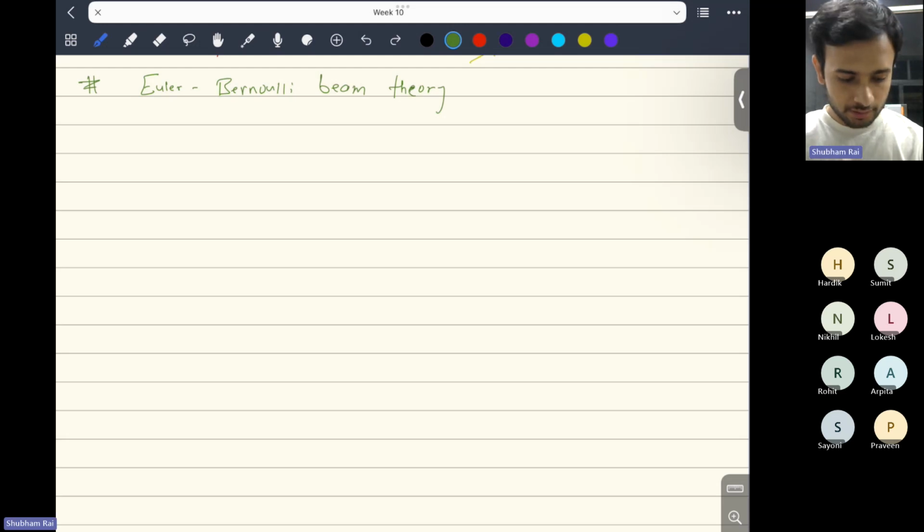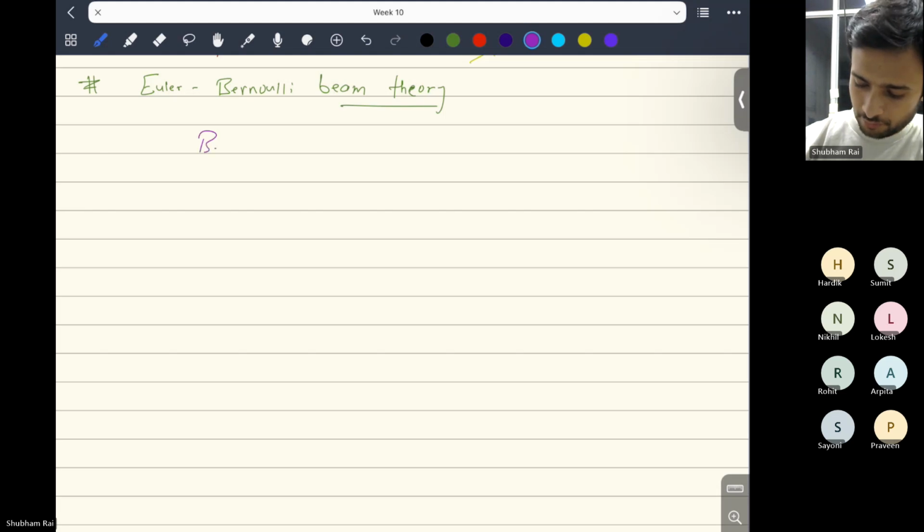Okay, so let me quickly write. The bending formula: M is equal to EI kappa. Kappa is the curvature, or we can also say EI by R.